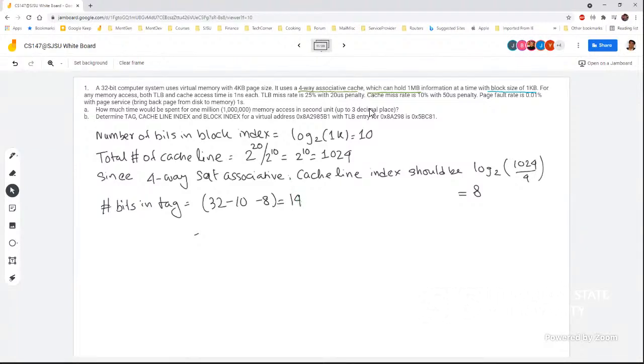So far so good, right? Now we have one more piece of information, which is the page size.